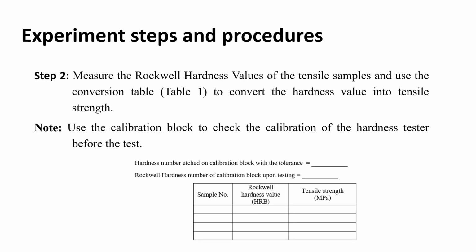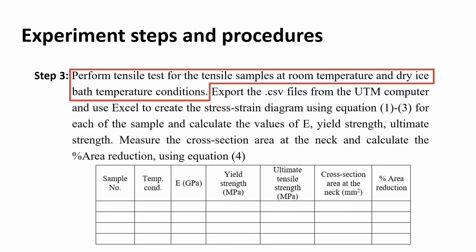Measure the Rockwell hardness values of the tensile samples and use the conversion table to convert the hardness value into tensile strength. Remember to use the calibration block to check the calibration of the hardness tester before the test. Perform tensile tests for the tensile samples at room temperature and dry ice bath temperature conditions.